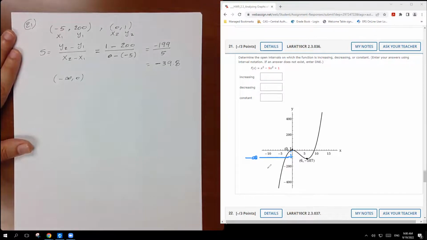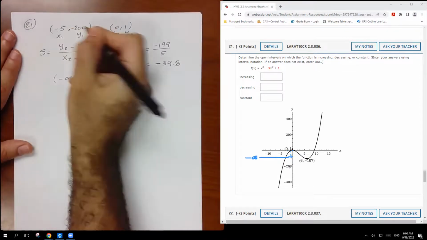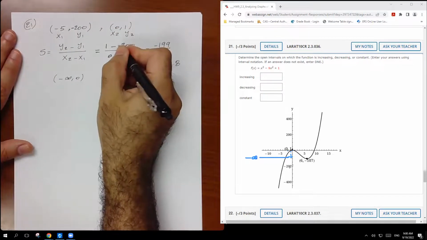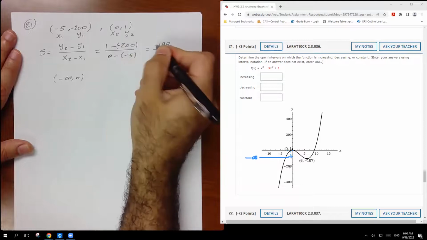We have something wrong. This is negative 200, not 200. That means it's going to be minus negative 200, so it's going to be positive.